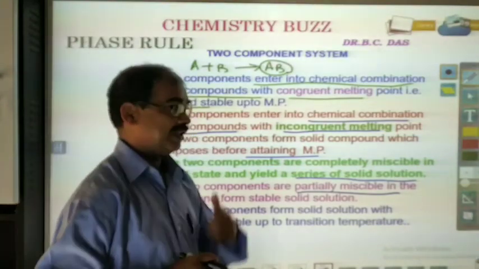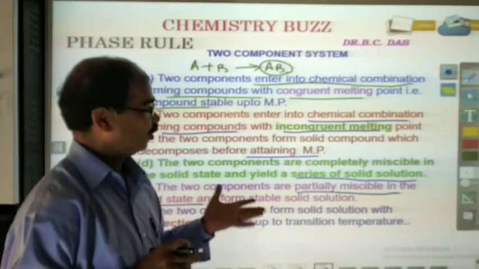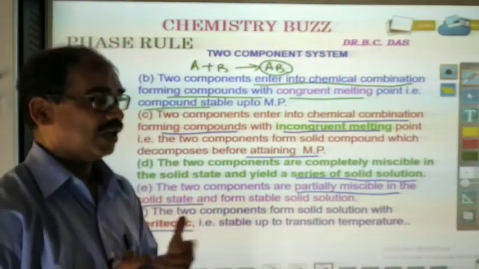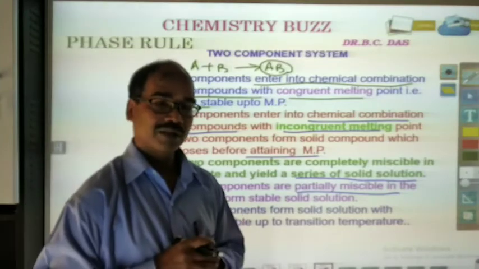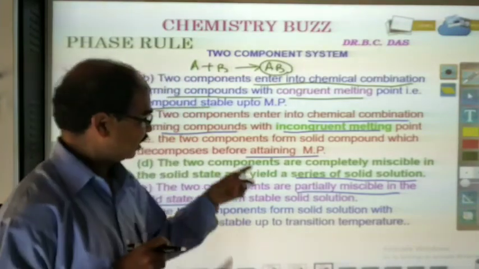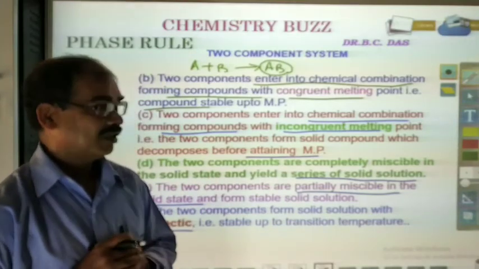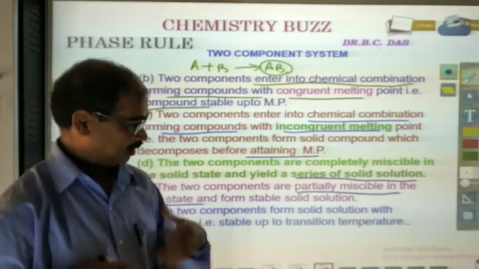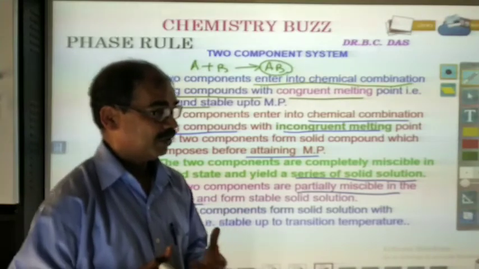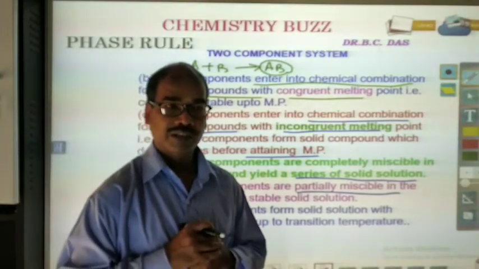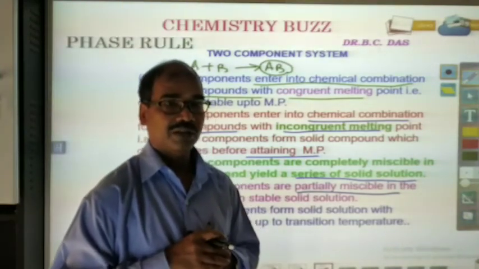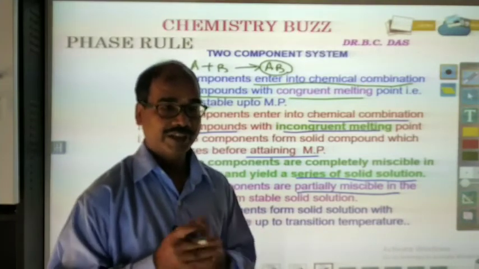So in this topic, you know different new words: congruent melting point, incongruent melting point, eutectic, peritectic. And in the next video, I will discuss the simple eutectic.